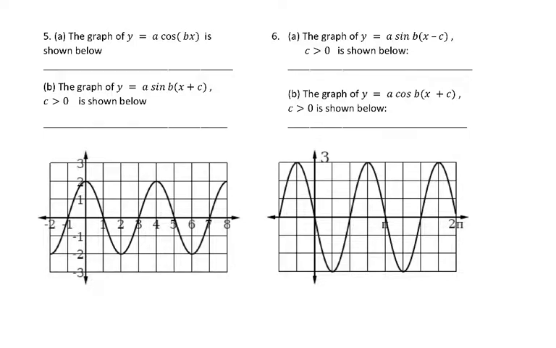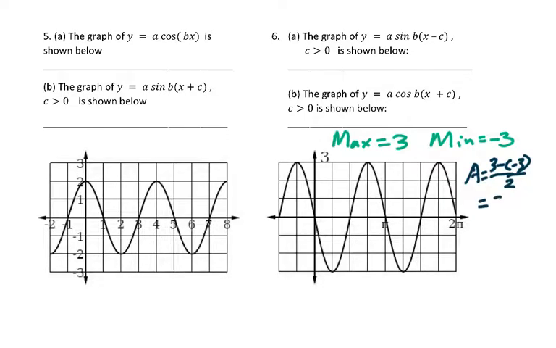First of all, we need to figure out that maximum. That equals 3. Minimum equals negative 3. And a equals, do the subtraction, 3 minus negative 3 over 2.